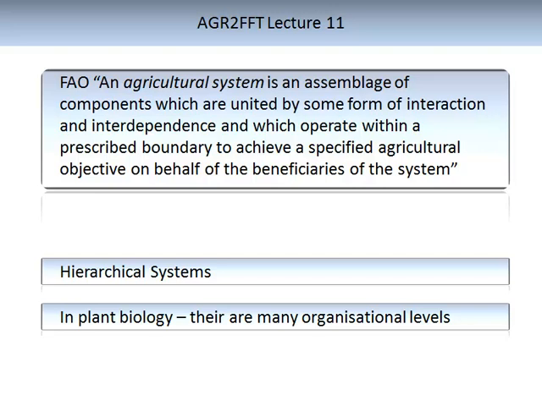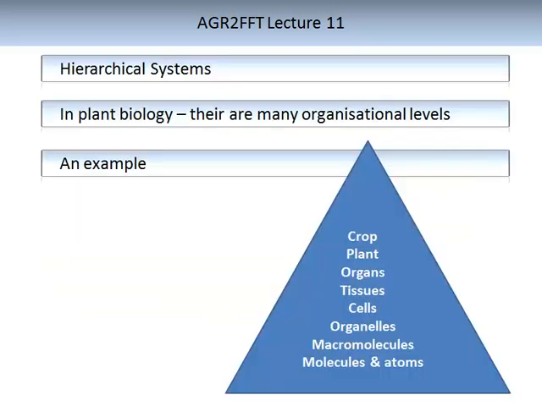In plant biology, there are many organisational levels that you need to consider when constructing models. On the slide, I have given you an example of a plant biology hierarchical system. There are many organisational levels. You can think from the smallest to the largest or the largest to the smallest. It is size that has defined my particular hierarchy and is what I am describing here.